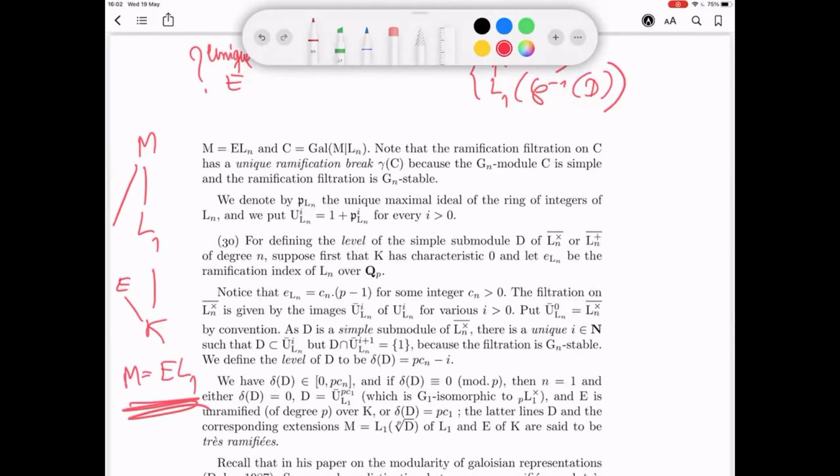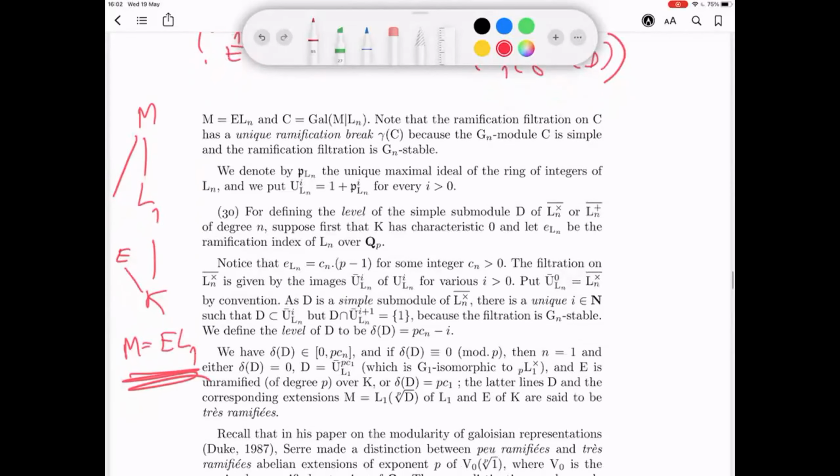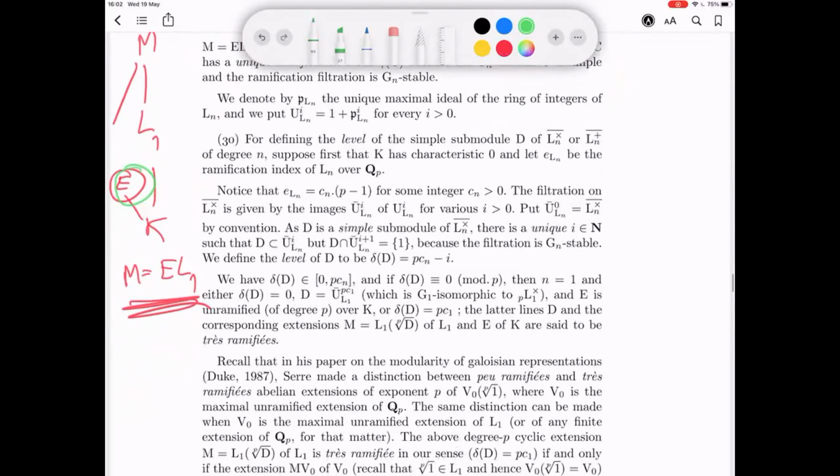Okay. Now, in order to get this E, you just look at this exact sequence, right?